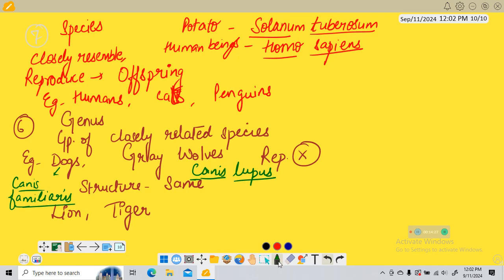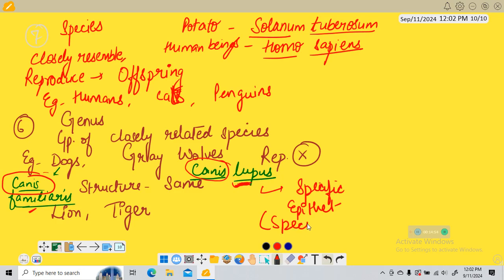So you might have seen that their genus name or generic name, that is same, but this specific epithet is different. Specific epithet means species. Specific epithet is different, or you can say species are different. That means here genus is same for dogs and grey wolf, but species is different.